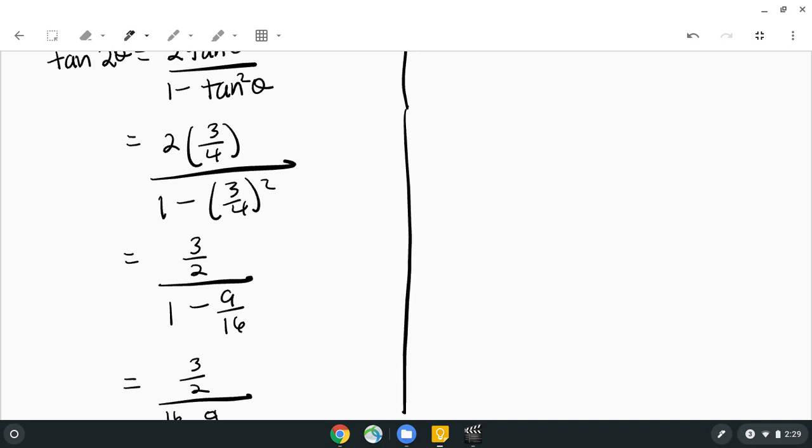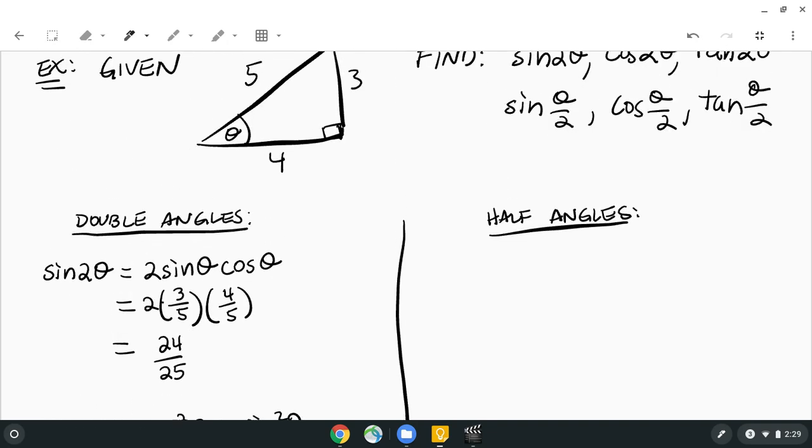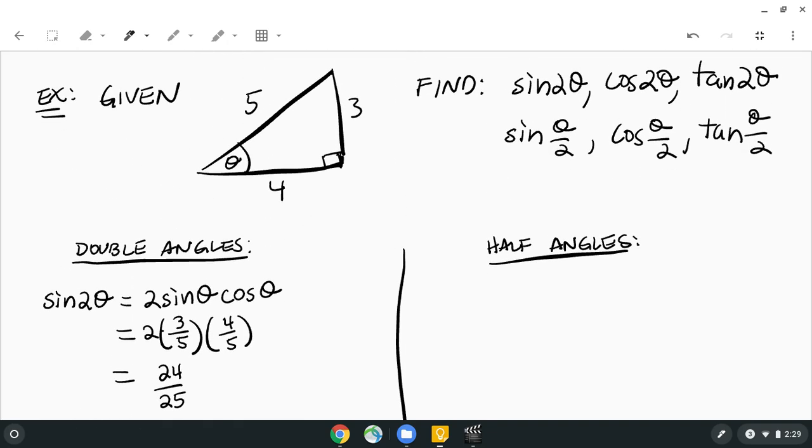Okay, so let's go up to the top, and we need to find sine of half angle, cosine half angle, tangent.